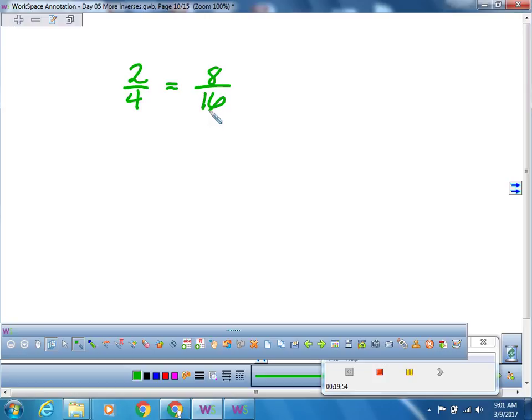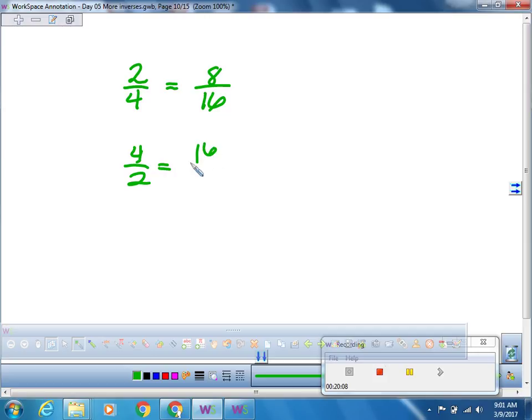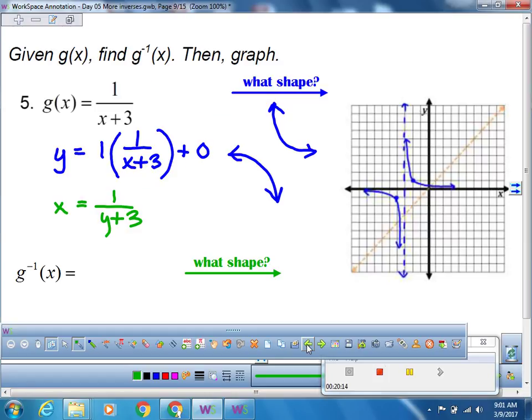So what if I took the inverse of this side? In order for this to still be equal, I would have to take the inverse of the other side too. So is it still equal? Yes.